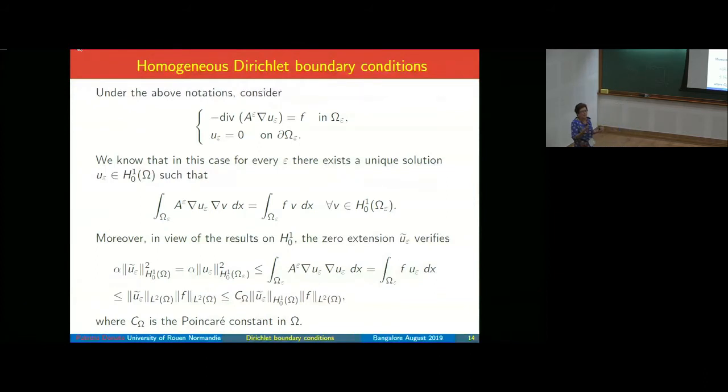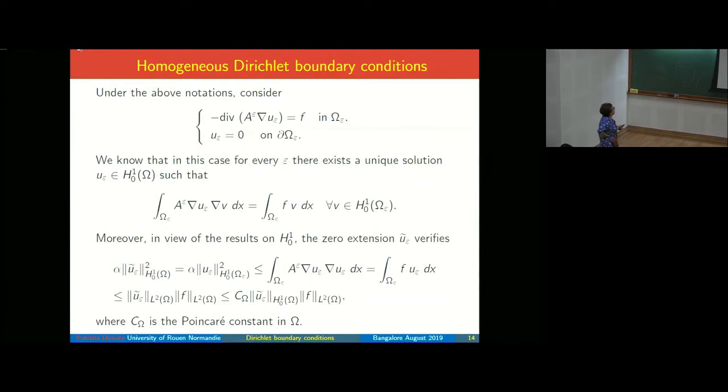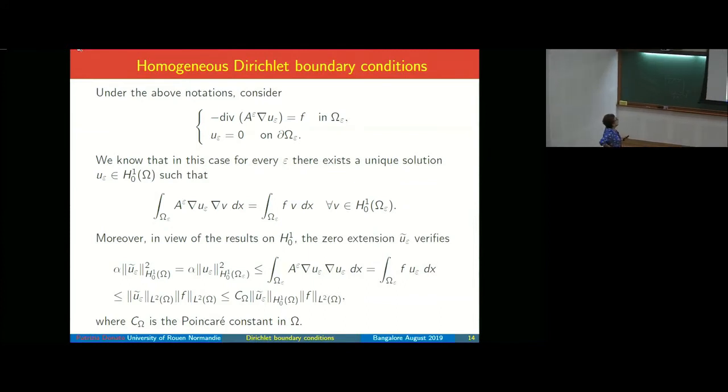Then we decide whether to study other cases. So we put the Dirichlet condition everywhere. We know, because we have studied it already, that we have a unique solution. And also, we have proved, I stated this morning, a result on functions in H^1_0, which says that if you make an extension by 0, you remain in the space and the norms are the same.